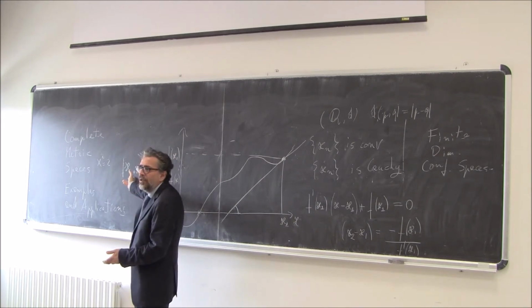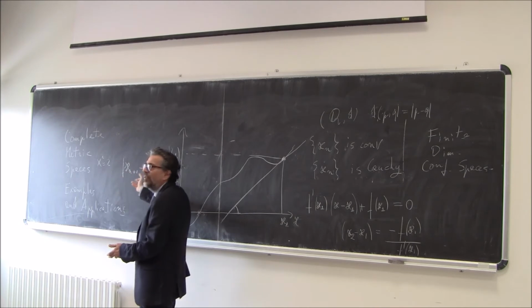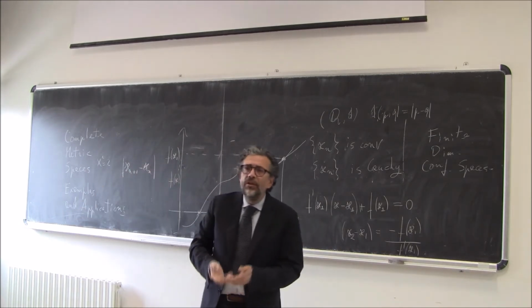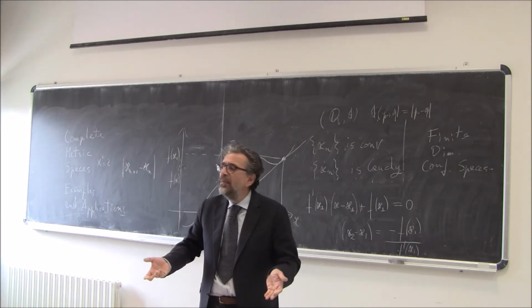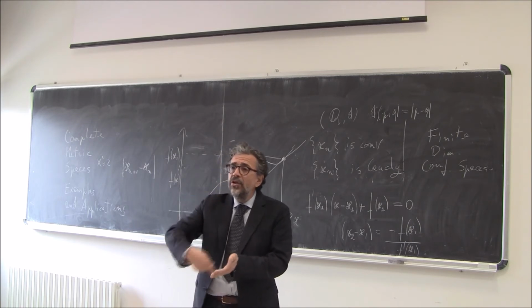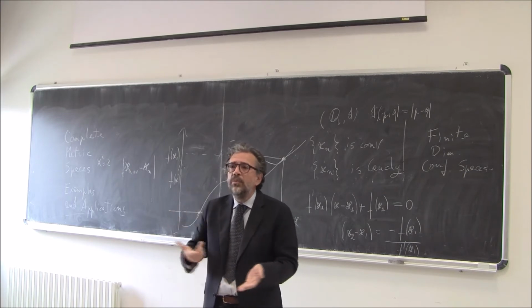Imagine that your space is not complete. The fact that this difference becomes smaller and smaller does not mean anything. It could be that the limit does not exist, even if this correction, one step after the other of the algorithm, is becoming smaller and smaller.